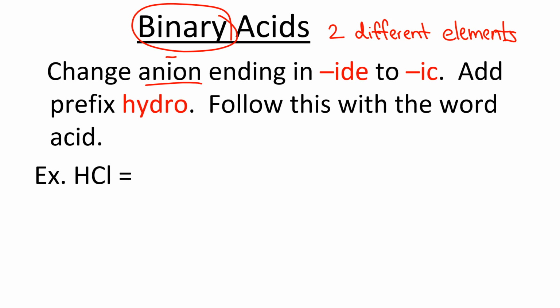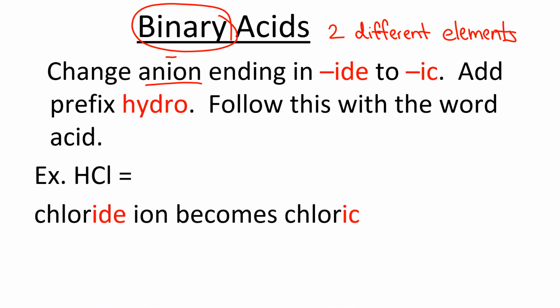Chloride. All right, that's what it would have been. Listen to the question that I'm asking. Based off of ionic rules, what would that Cl be called? Chloride, because it's at the end, right? It's the second element. All right. So chloride becomes chloric. The IDE becomes IC.